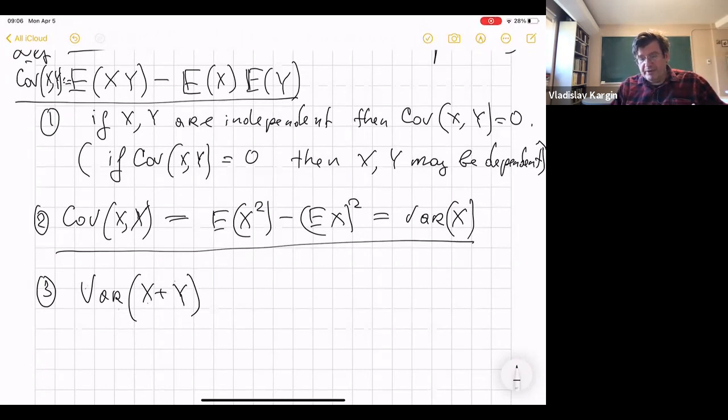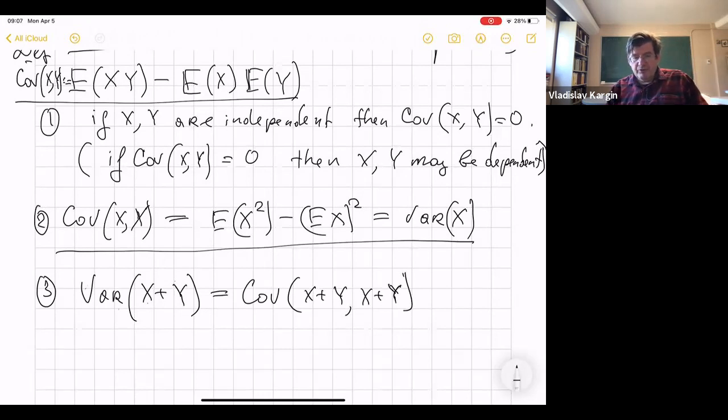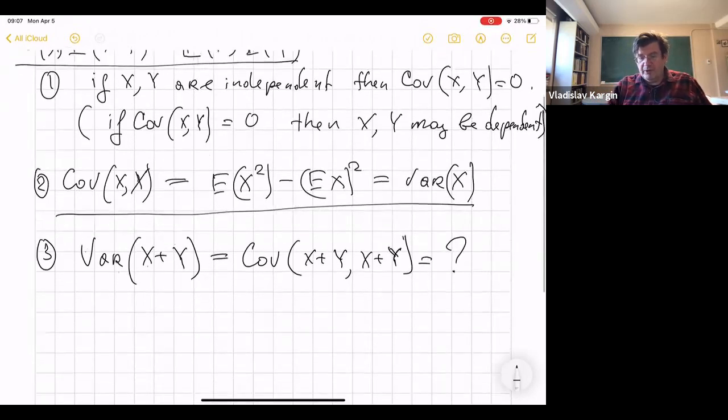But what if they are not independent? In this case, we might be interested in how the covariance of one sum relates to another sum, so we'll need to know a little more about the properties of covariance to calculate it.